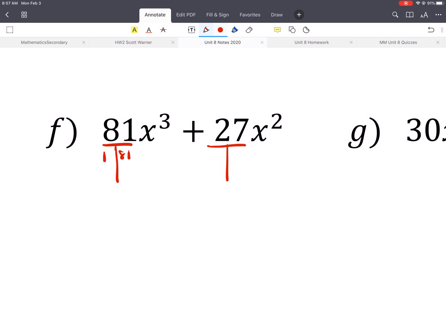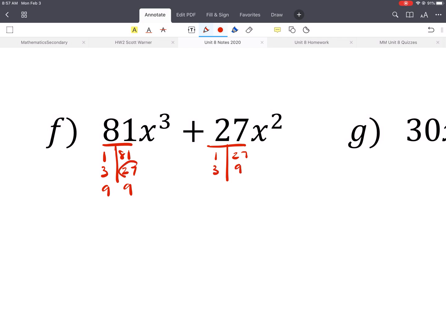So 1 and 81. 2 doesn't go in there. You could put that in your calculator. You could try 3. Does 3 go in there? Let's see. 81 divided by 3 gives you 27. And then you could do 9 and 9. For 27, you could do 1 and 27, and 3 and 9.